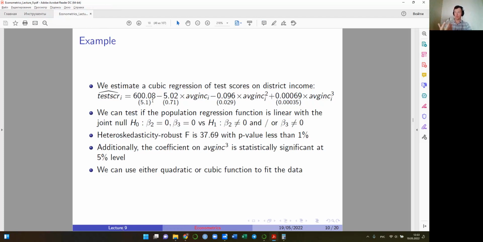When we come back to all the discussions made before about omitted variables and conditional mean independence, definitely we cannot claim that this is the true causal effect that we have found. We need to look at some other determinants of average income, test scores, and all the other things.